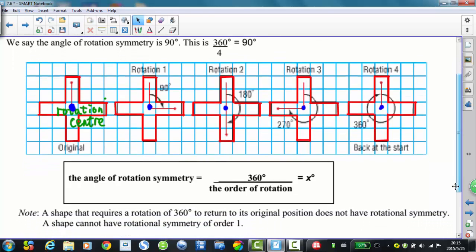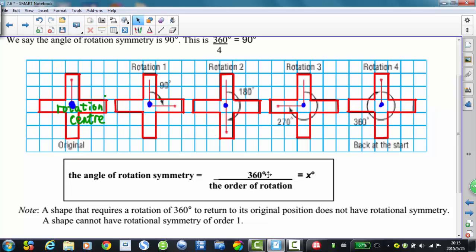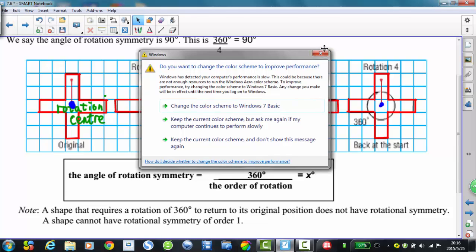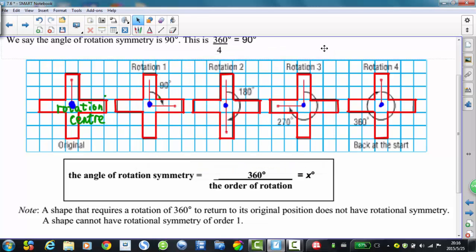Then I can use 360 degrees, which is the measurement for one rotation, divided by the order of rotation. This is the angle of rotational symmetry, which means how many degrees I need to rotate in order to coincide the rotated image with itself. And we need to pay attention to this one.